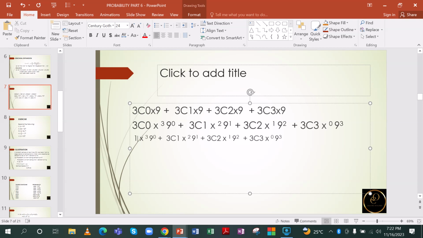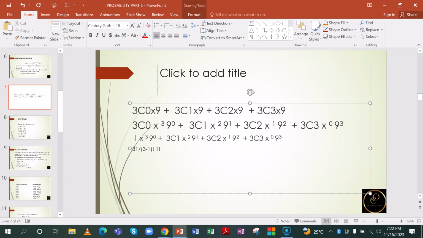Okay. The next one, it is 3 factorial divided by 3 minus 1 factorial, times 1 factorial, the correcting factor.